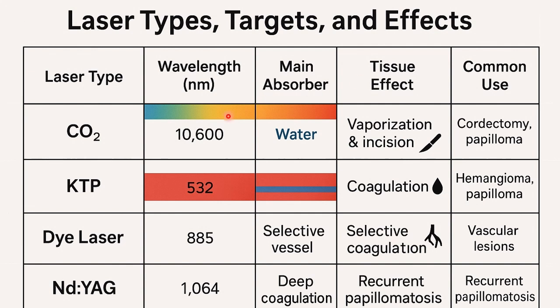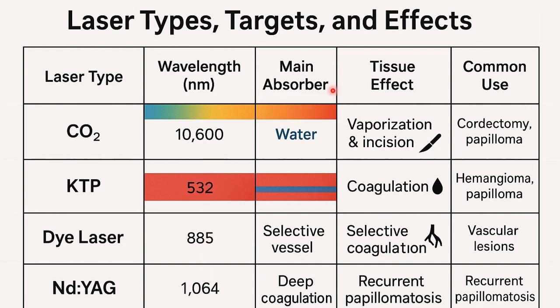This summarizes the different laser types, including carbon dioxide, KTP, dye laser, and YAG, which have different wavelengths. Carbon dioxide has a very long wavelength, above 10,000 nanometers, and the others have a much smaller wavelength.